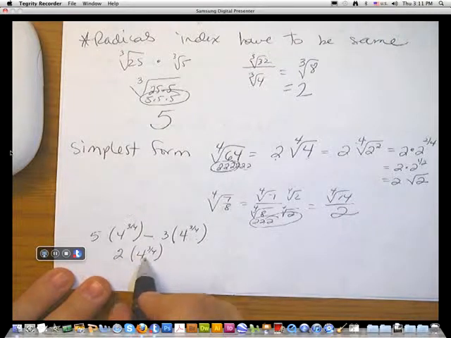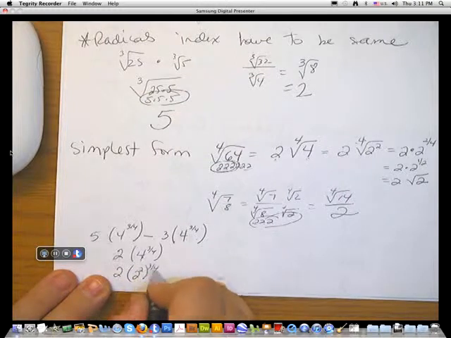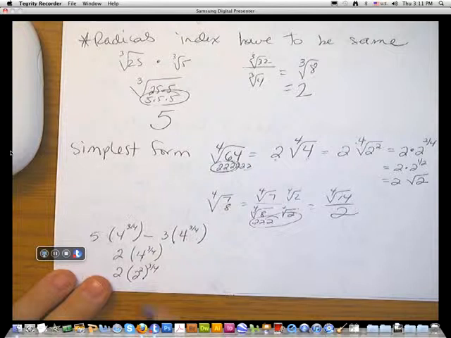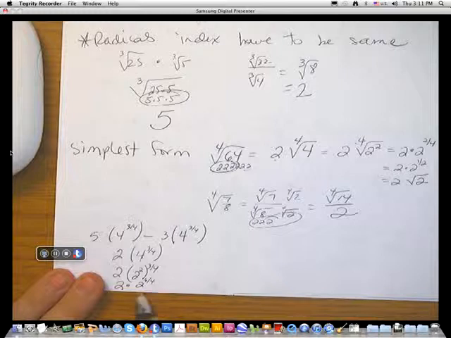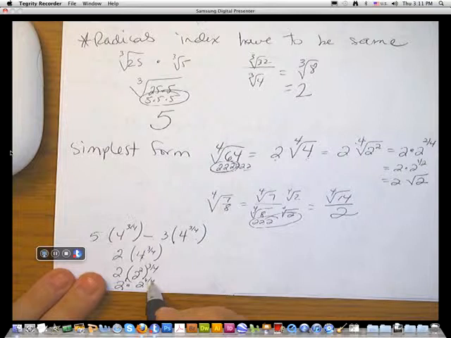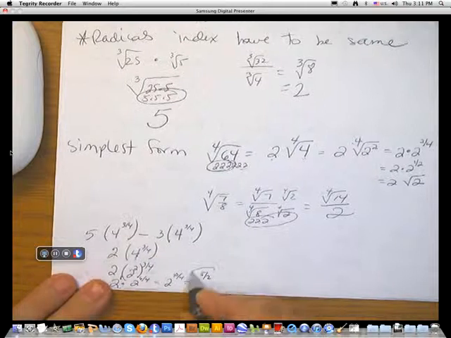But 4 is related to 2. 4 is really 2 squared. So that means I have 2, and then I have 2 to the 6/4. Now, put all of this together. 6/4 is 10/4, which is 5/2.